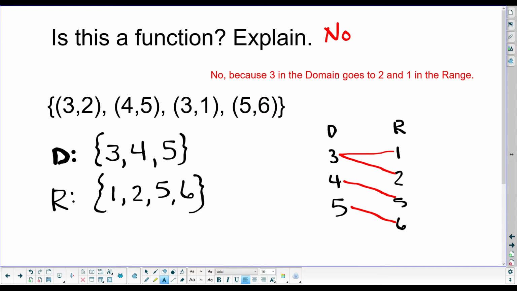So this goes against the definition of a function. 3 in the domain goes to multiple numbers in the range. So this is not a function. Visually, I can see it here. I can see 2 lines coming off of 3. So 3 in the domain is going to 2 different numbers. That tells me that it is not a function.